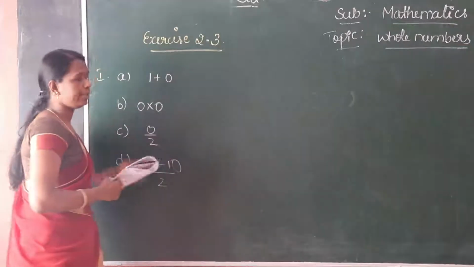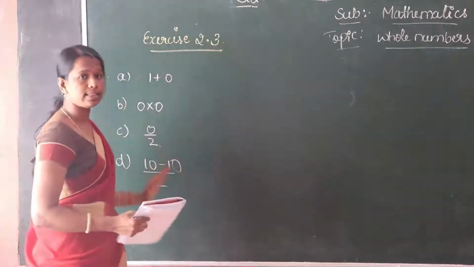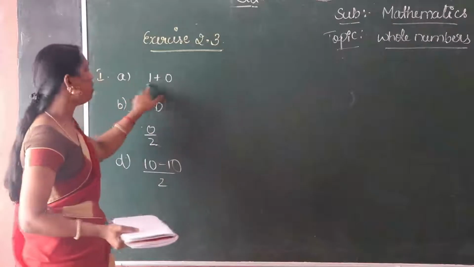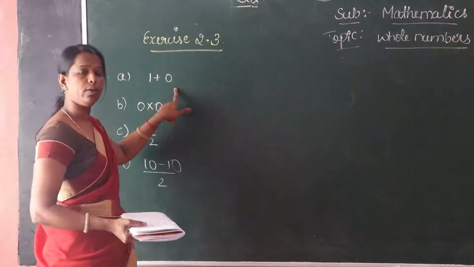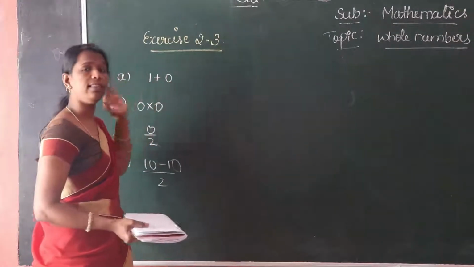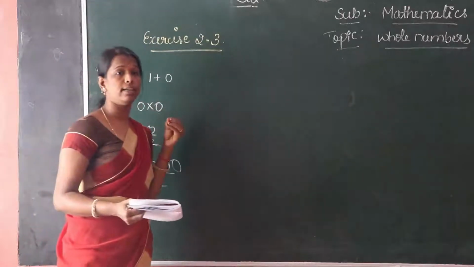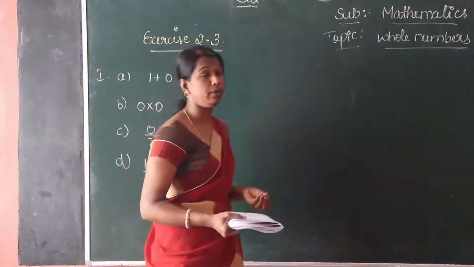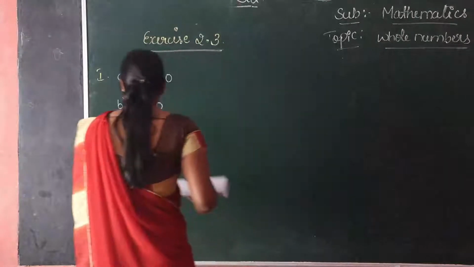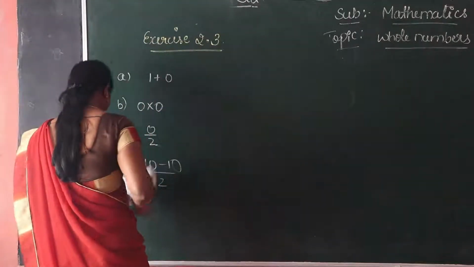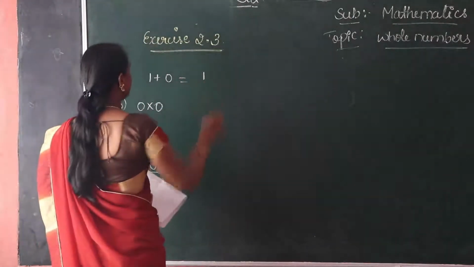Will not represent 0 means it is getting some other number. 1 plus 0, what's the answer, children? 0 added to any number, you get the same number. The answer is 1.